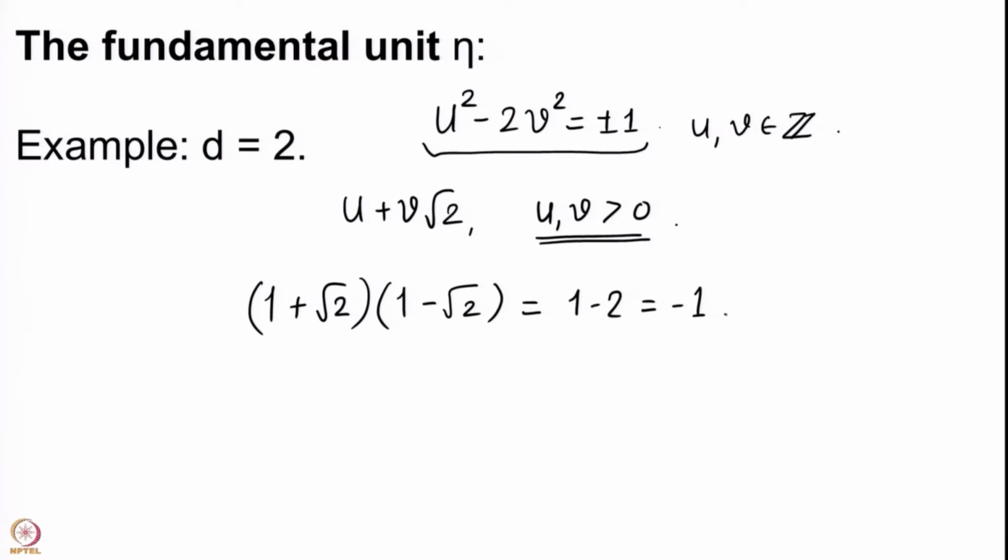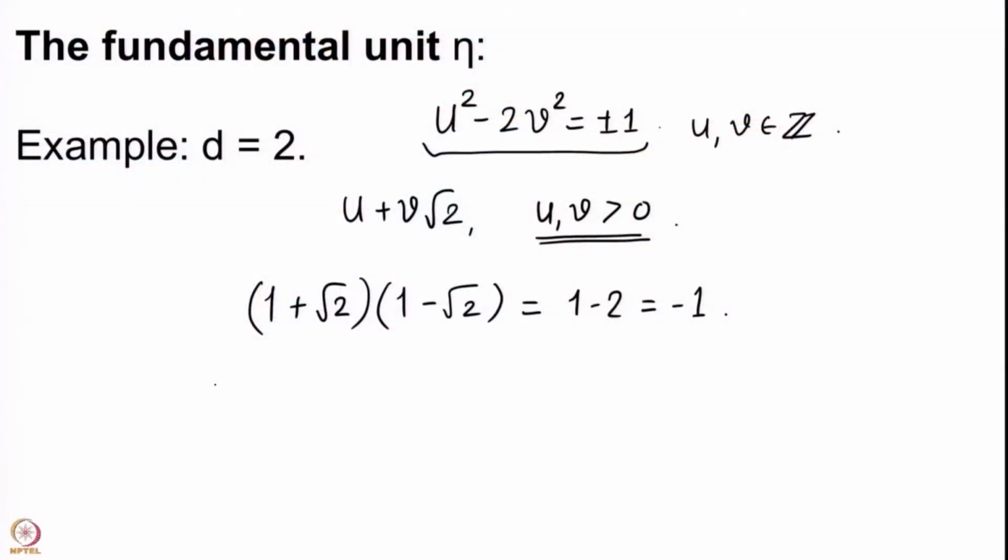Bravo! We obtained a unit, and this is clearly the smallest unit. If you have u and v to be positive integers, then u and v will be bigger than or equal to 1. So, you get 1 plus root 2 to be the smallest element of the corresponding A. So, this is our fundamental unit.